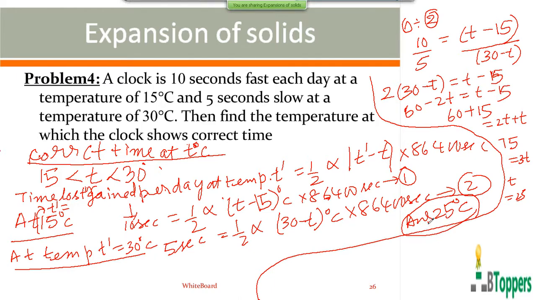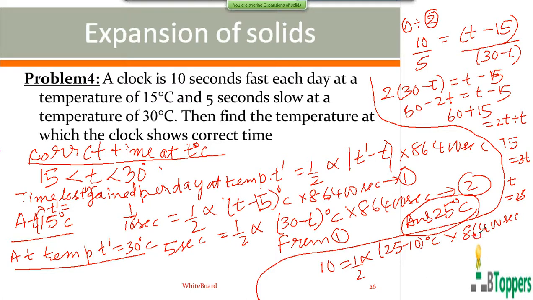In case you are asked to find the coefficient of linear expansion alpha of the material of the clock, you can substitute this value of t. That means you can substitute t equal to 25 in one of the equations. Suppose you substitute t equal to 25 in the first equation, you can find the value of alpha for the material of the pendulum clock.